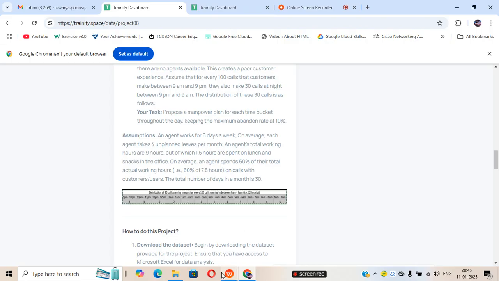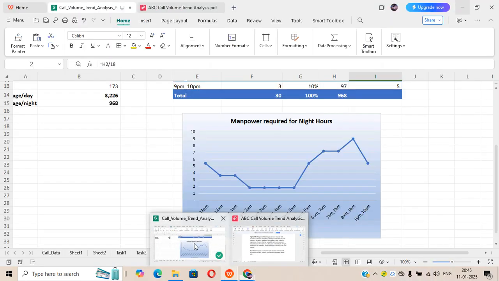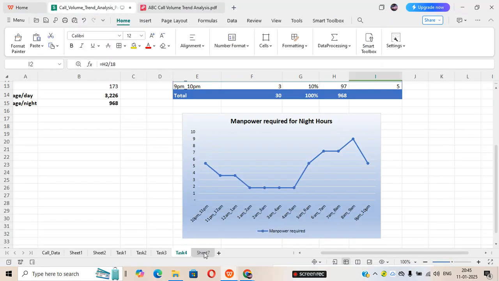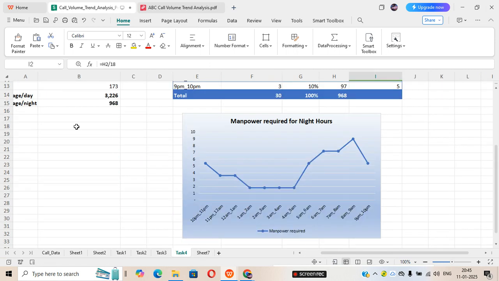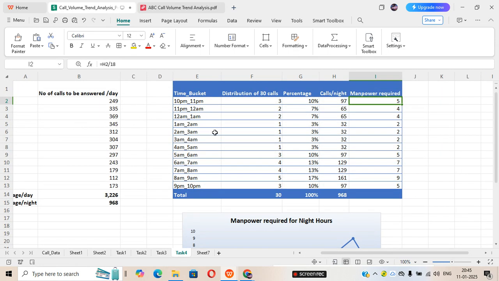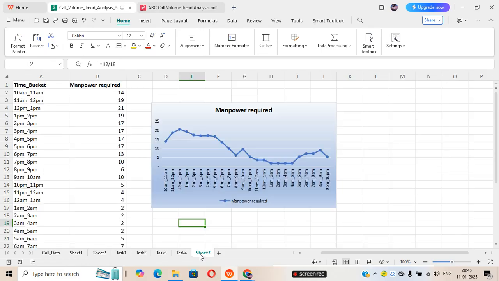So after calculating all these, I have taken the calculated time bucket and the manpower required for the whole time and created a chart for it with the title manpower required.